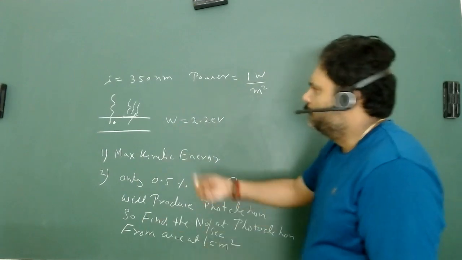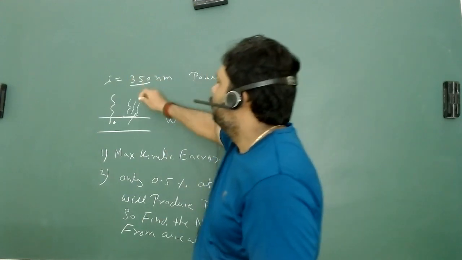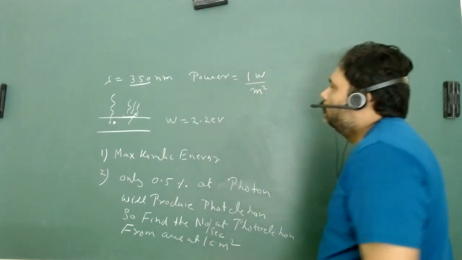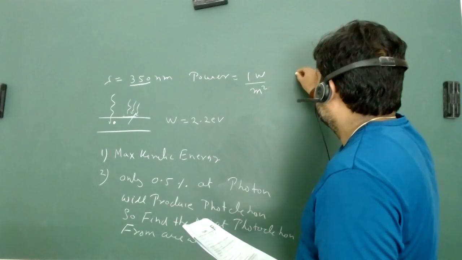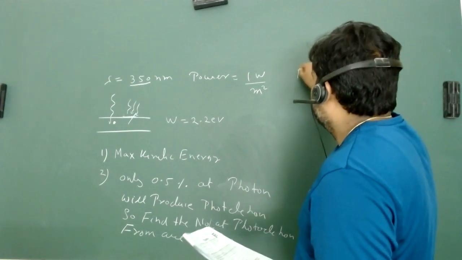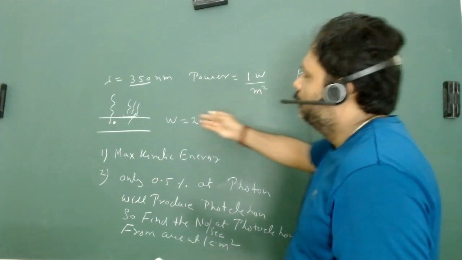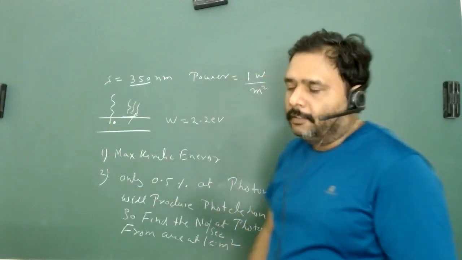It is given that the wavelength is 350 nanometer. So first we have to calculate the maximum kinetic energy. Let's first calculate the total energy of the photon, and this energy will be absorbed by these electrons.